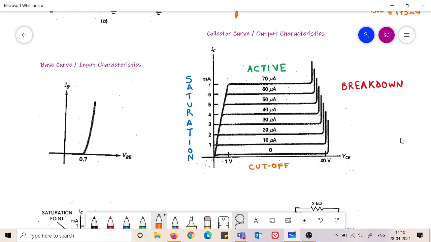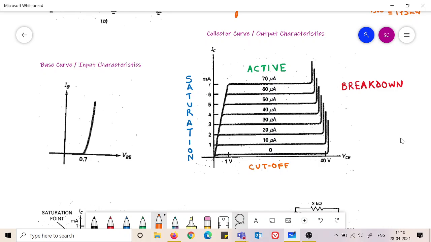Then it becomes constant and remains constant for a long period of time, and after a while it suddenly picks up and goes to a very high value of current, while the voltage does not change very appreciably. This is the nature of the curve that we are seeing, and now we have to understand why we are seeing this nature of the curve.